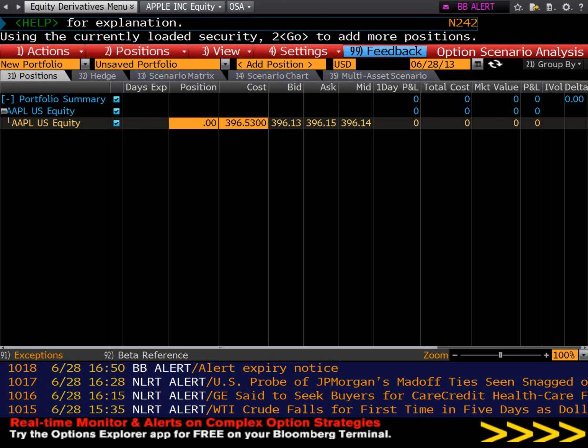Obviously these numbers are just random, because I don't know where Apple's going to be trading closer to earnings. But say Apple's trading at around 408, 410, and say the measured move is $25.